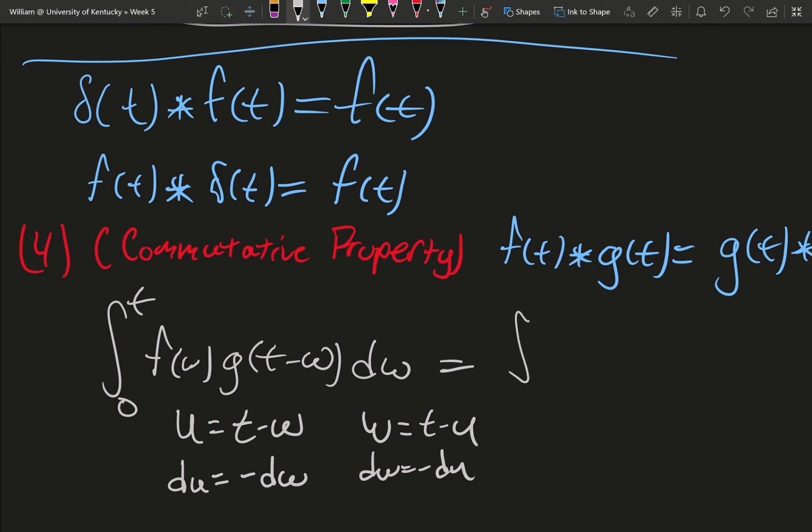So if I'm doing this u sub, I also have to change my bounds. I can see that when w is 0, then u equals t. And when w equals t, I get t minus t, or 0.